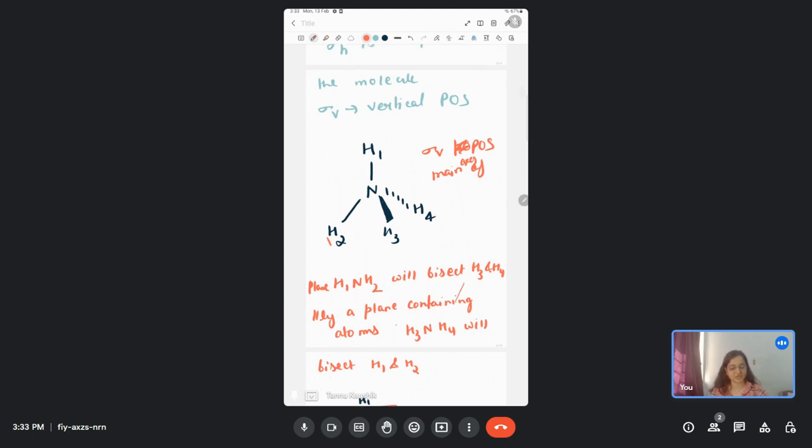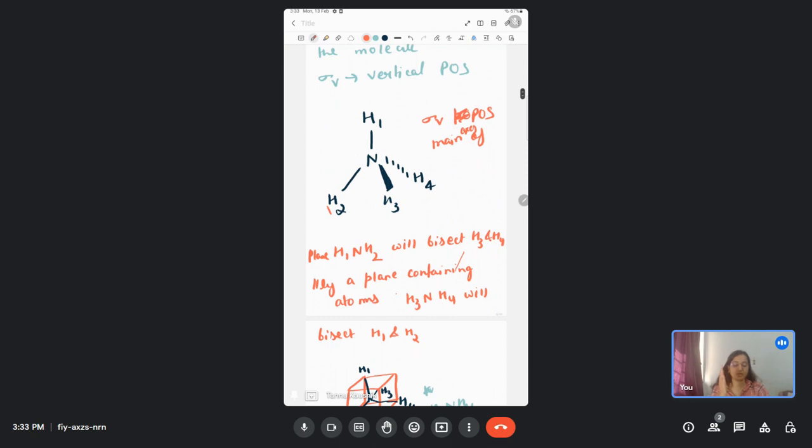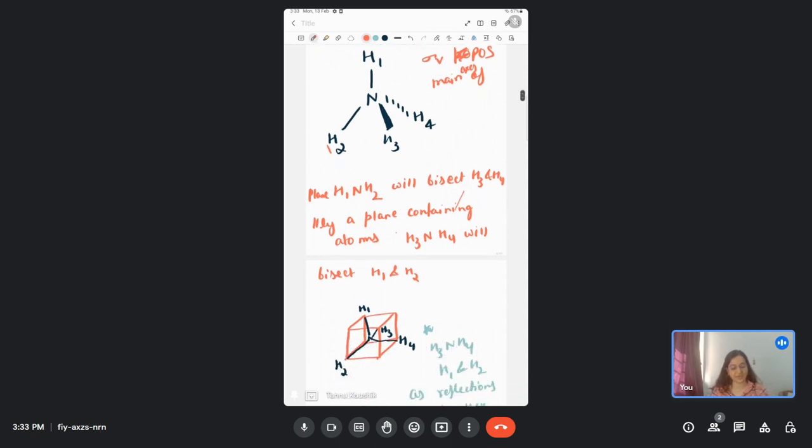The plane containing H1 and H2 will bisect H3 and H4. Similarly, a plane containing atoms H3 and H4 will bisect H1 and H2. Like a plane containing two atoms, H1 and H2, which are in plane, will bisect the protons which are out of plane, H3 and H4.